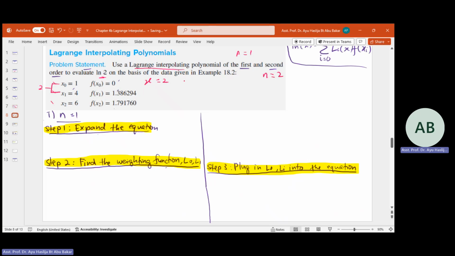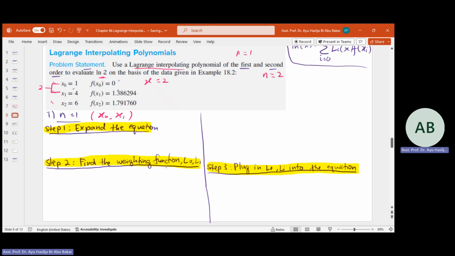Okay, for the first one, n equals 1. Your data points will be the first two, x0, x1. Remember, n equals 1, how many data points should you have? 2. So x0, x1. Why not x0 and x2?